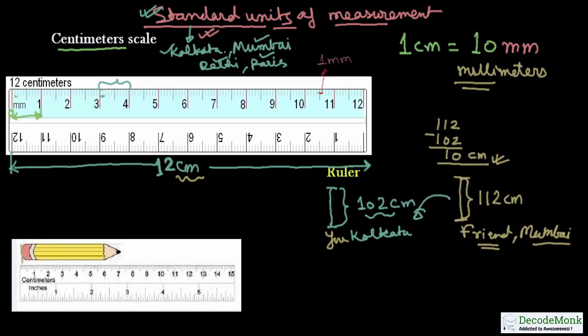So here you can see we are trying to measure one pencil with a scale, and you can see that the length of this pencil is equal to, this is a centimeter scale. So you are moving 1, 2, 3, 4, 5, 6 and 7. So the length of this pencil is 7 centimeters. So this is how we can measure the length of small objects.